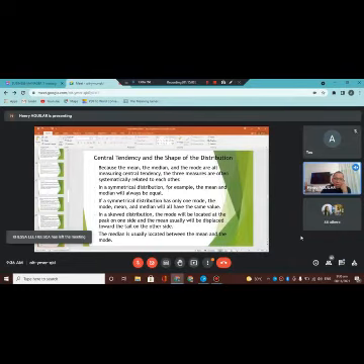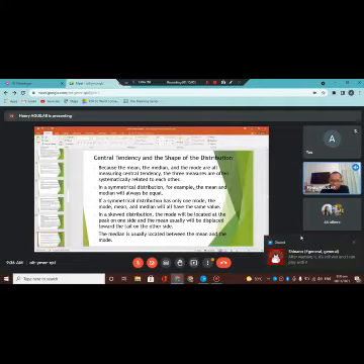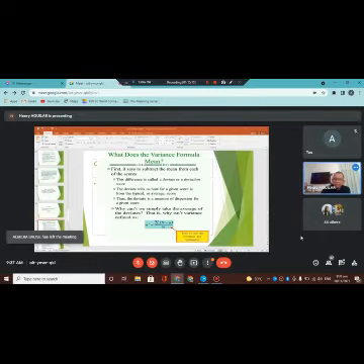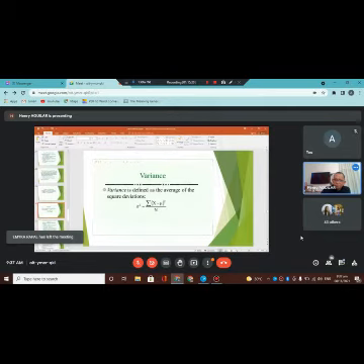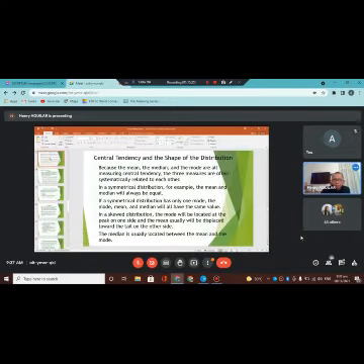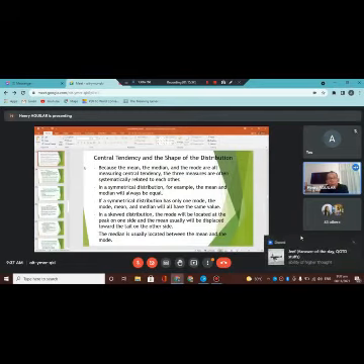So, in a symmetrical distribution, we see a bell shape. So symmetrical siya. So bell shape, if you are familiar with the curve in our normal distribution.